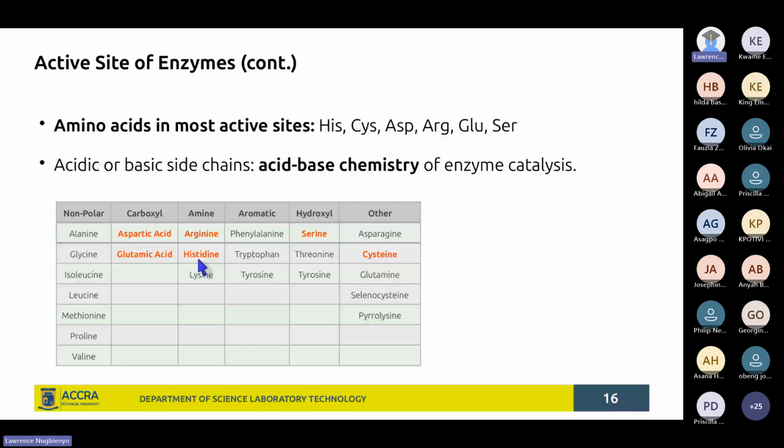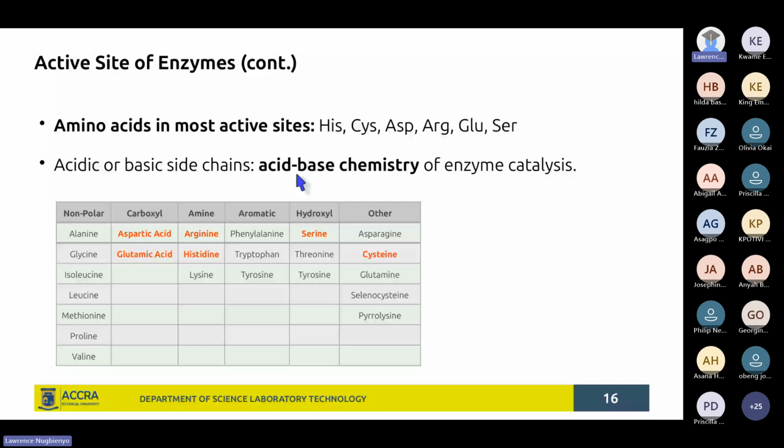I've highlighted them in red for you to see that they have some specific characteristic. For instance, aspartic acid and glutamic acid are having some extra carboxylic acid group in their side chain. And it is that carboxylic acid group that can be involved in what we are referring to as an acid-base reaction, or some acid-base interaction with their substrates.